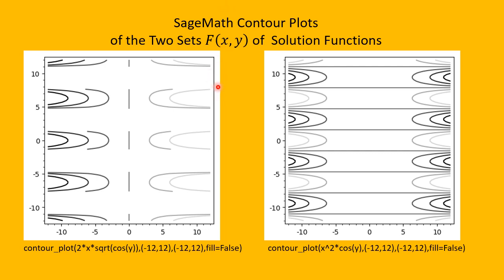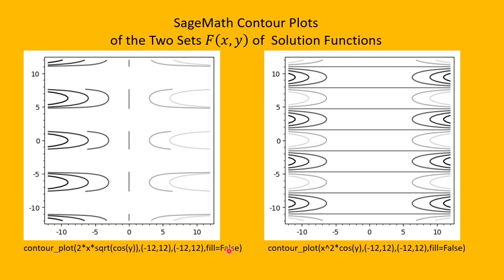By using SageMath, we can plot these implicit solutions by using a function called contour plot. This graph here is a contour plot of 2 times x times the square root of cosine y, where x goes from minus 12 to 12, y goes from minus 12 to 12.